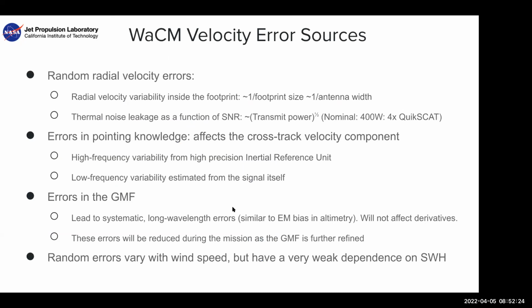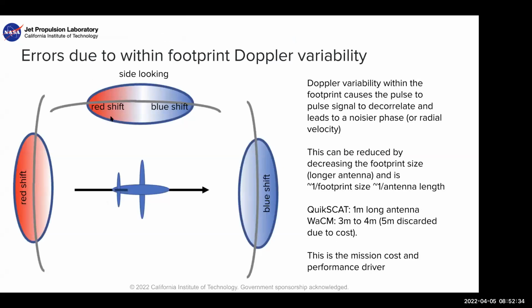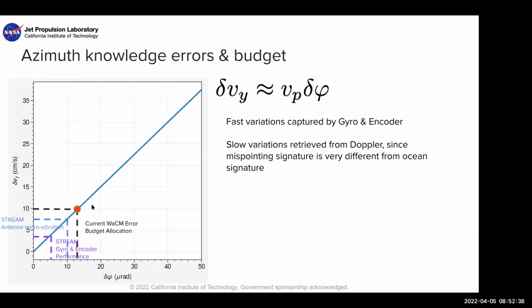I should have put that there, but the bottom line is we're governed by the random radial velocity errors due to the footprint size. So this is our dominant error source. This one, the one in the azimuth, only affects the cross-track component, and typically it's on the order of 10 centimeters per second.